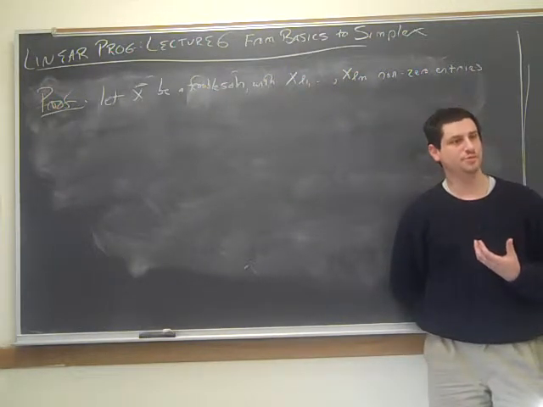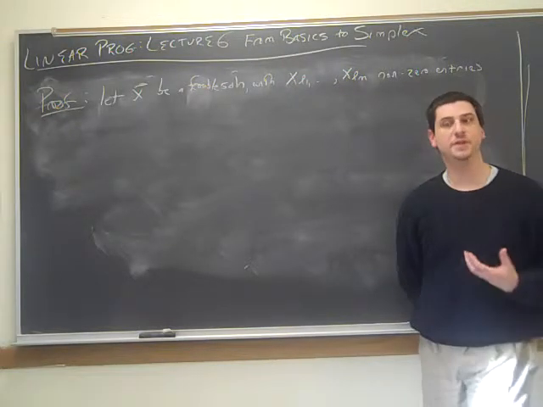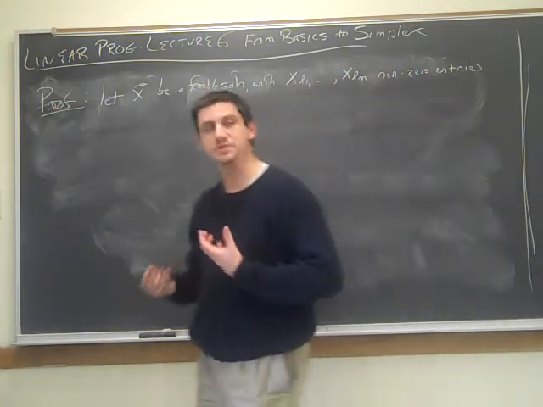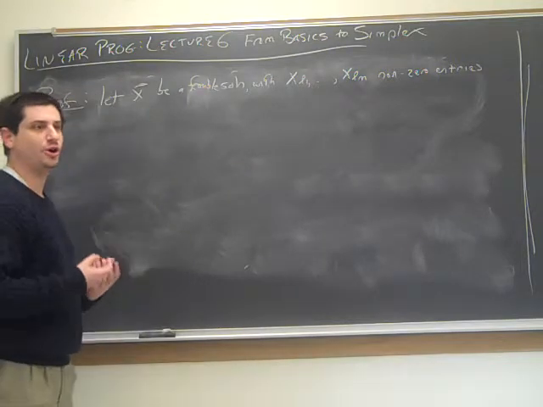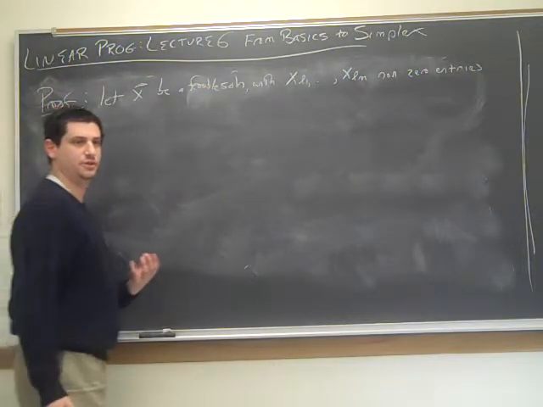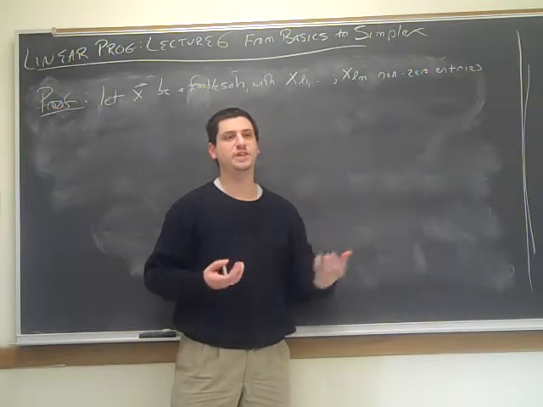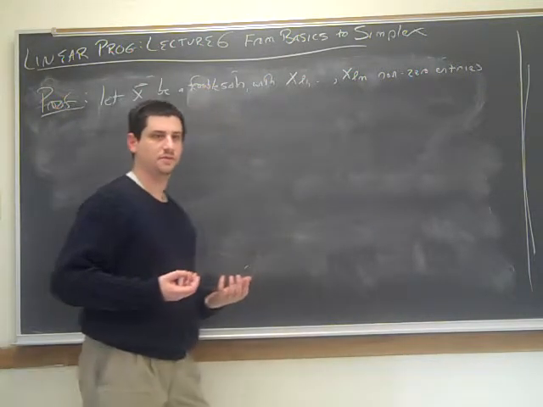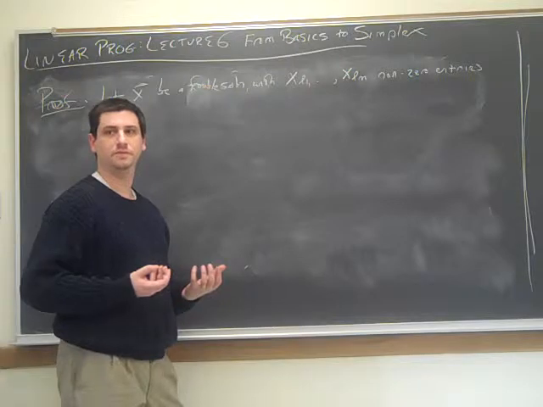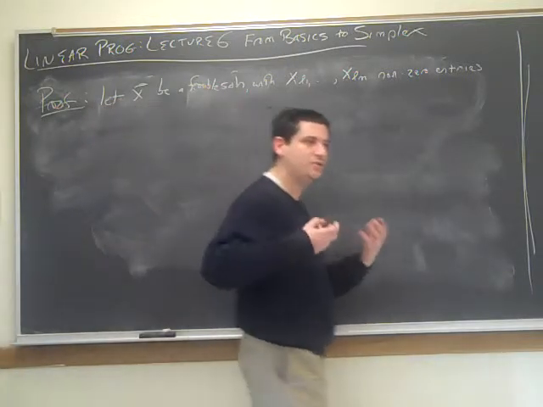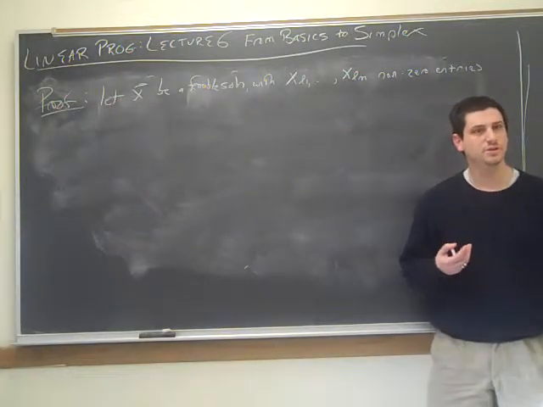So what are we trying to prove? There's a basic. There's a basic. So a solution is basic if the corresponding columns are linearly independent. So there's two things to look at. What are the two cases we should split by? So I want you to get a sense of how you should attack these proofs, right?